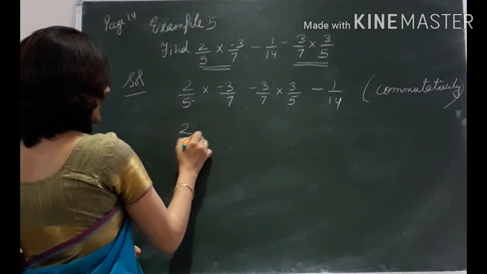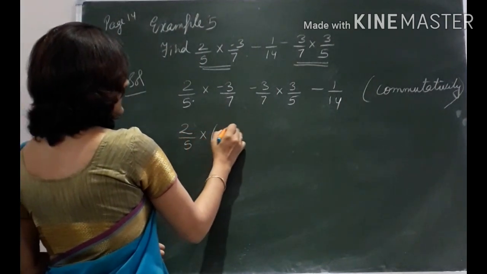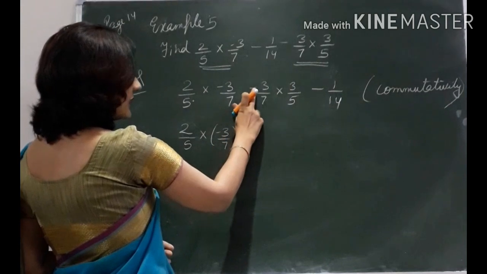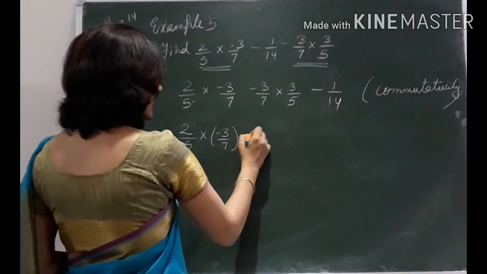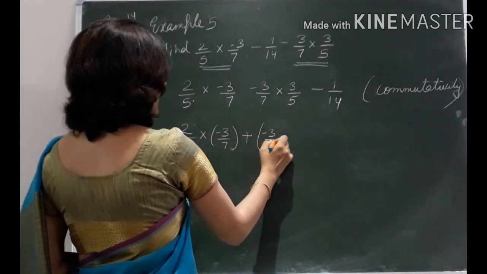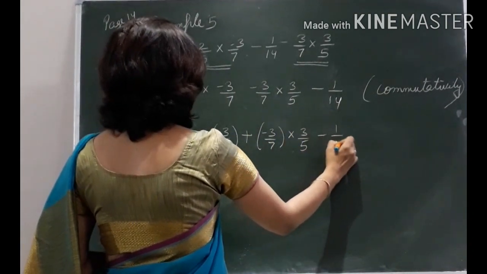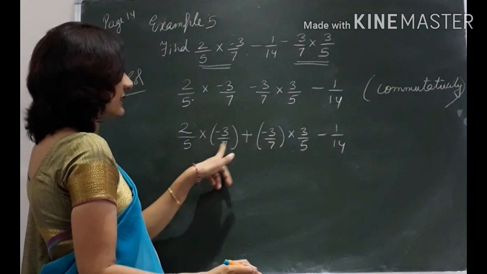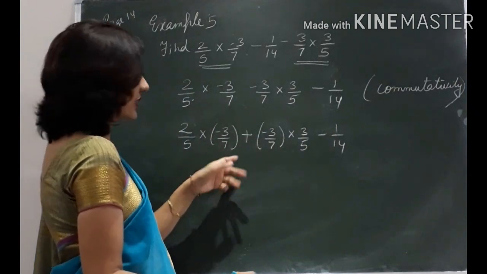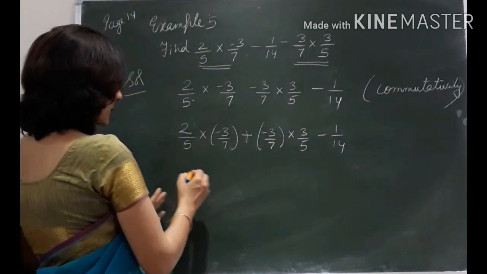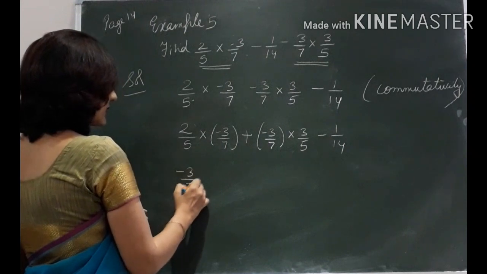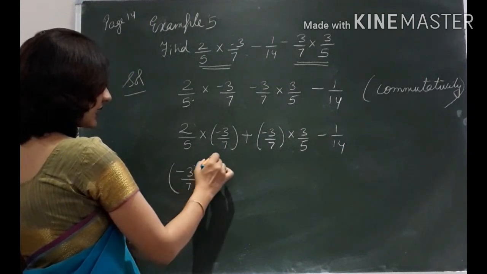Now 2 by 5 multiplied by minus 3 by 7. Here it is minus 3 by 7. I can write it plus minus 3 by 7 into 3 by 5 minus 1 by 14, because minus 3 by 7 I have to take common outside. So that's why I have written in bracket. Now I will take minus 3 by 7 common outside the bracket.